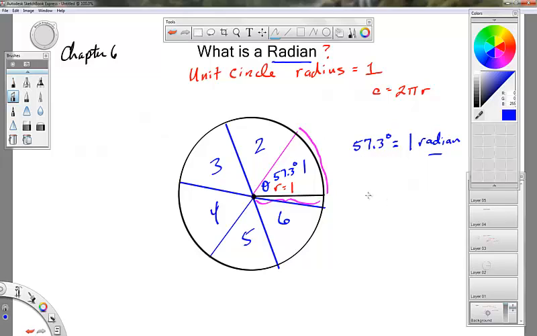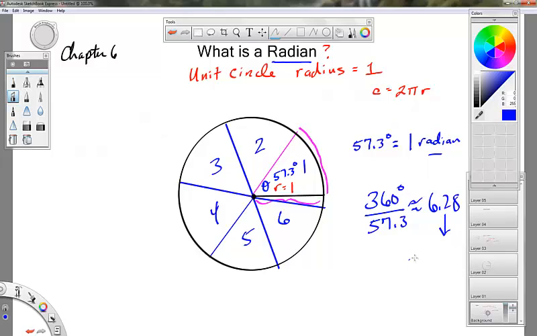So the question is, in a circle having 360 degrees, it's like saying how many 57.3 degree chunks are there in 360 degrees? And if we divide this by 57.3 degrees, you get a decimal, and I'll put squigglies, equal to 6.28. 6.28 should be familiar.